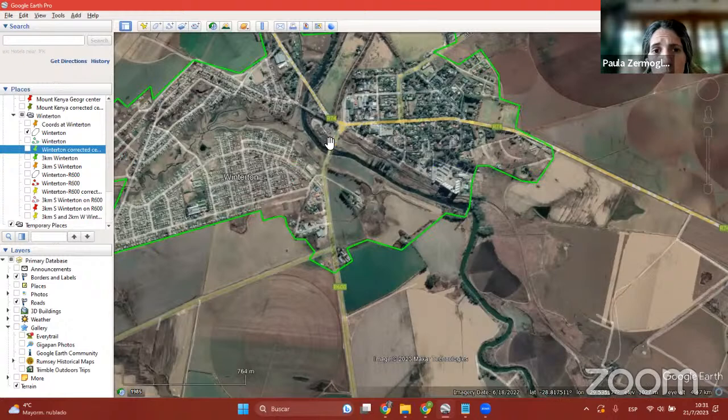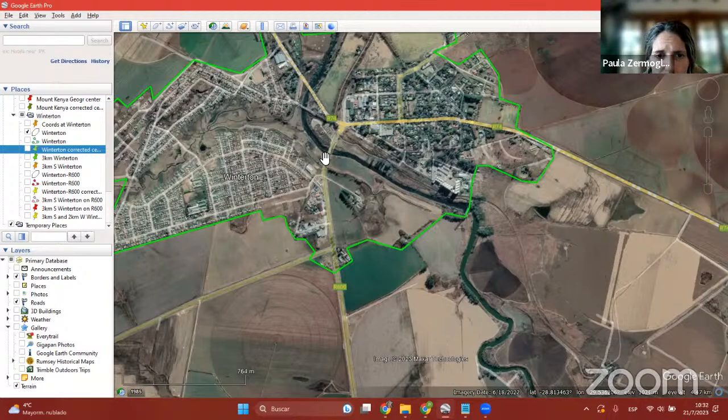So we don't know from where those 3 kilometers were measured. They could have been measured from where the R600 starts or from the limit of the town and the 600. So we need to first determine a center for that little piece.